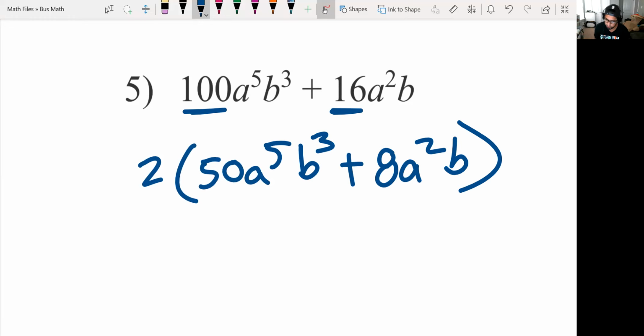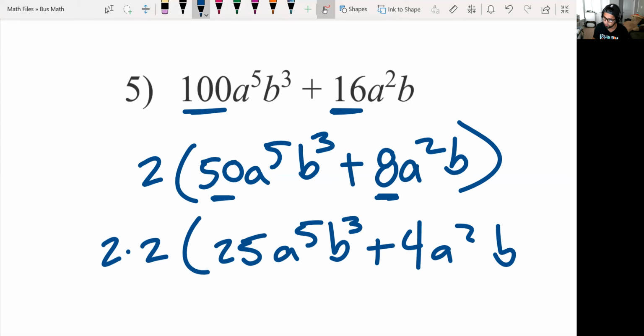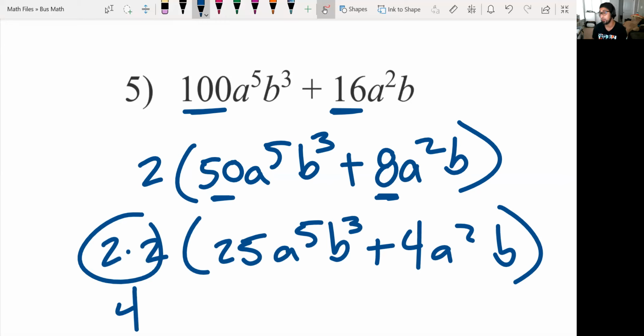But then look at your numbers again, 50 and 8. These again are even, which means, hey, take out another 2. And you'd get 25a to the 5th b cubed plus 4a squared b, where 2 times 2 is actually 4, right?